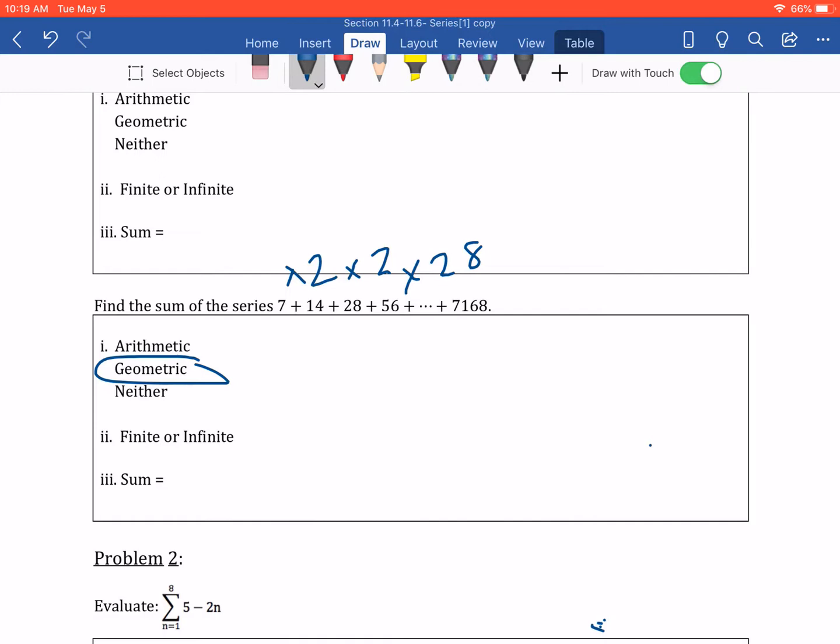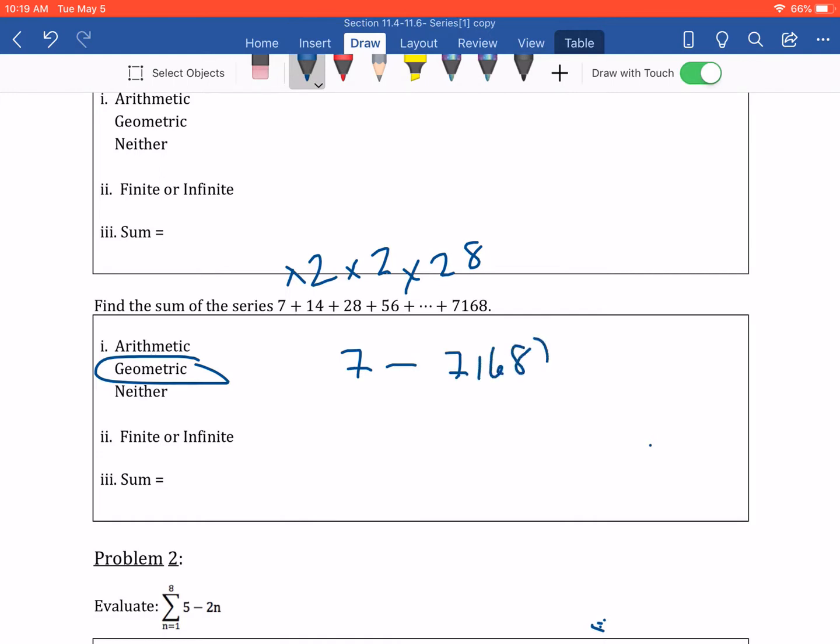So when they're geometric, we do not need to find that n because we already know our r. So when we go ahead and plug that into one of those two equations, we know that 7 is our starting value, so that 7 is our a sub 1. And we have also been told our final value, and the final value that we are being told is 7,168.